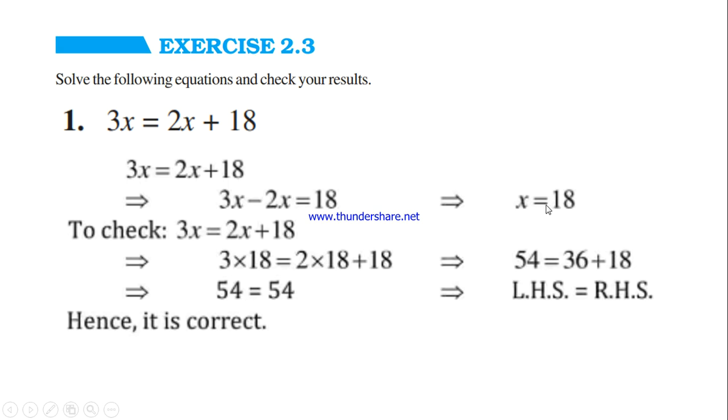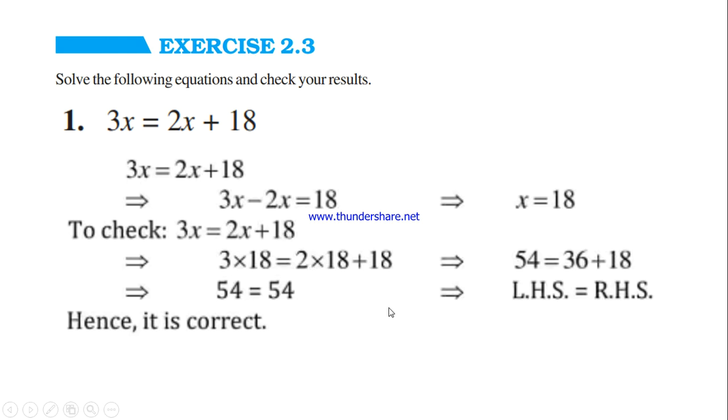So let's check whether this is right or wrong. Take the equation 3x equal to 2x plus 18. Let's substitute the x value 18 into this equation. So 3x, 3 into 18, equal to 2x, 2 into 18, plus 18.